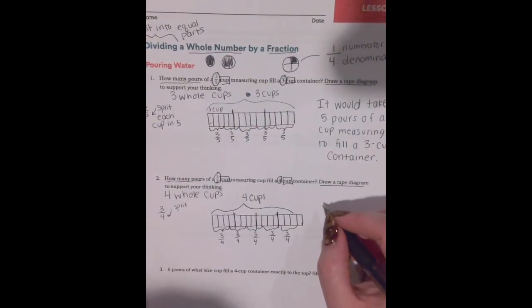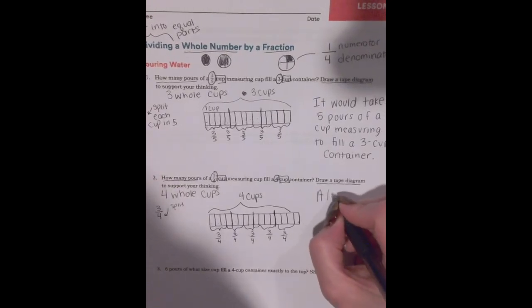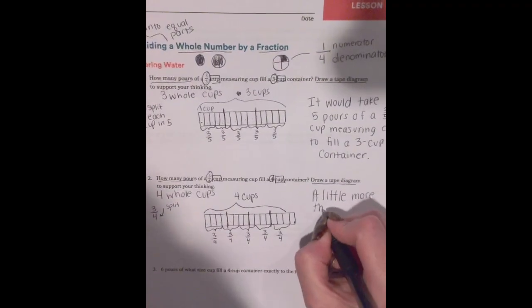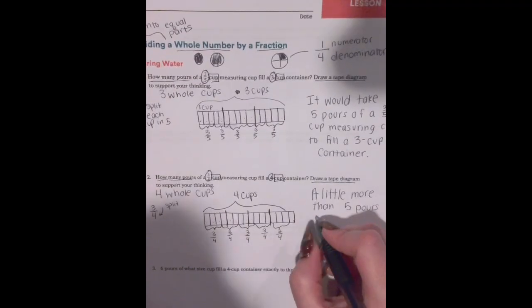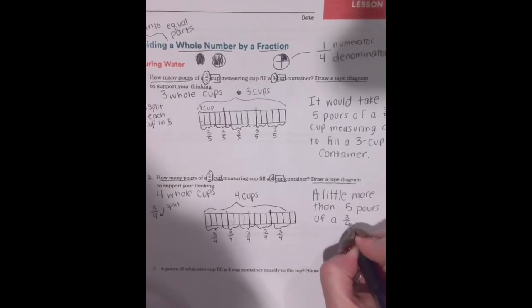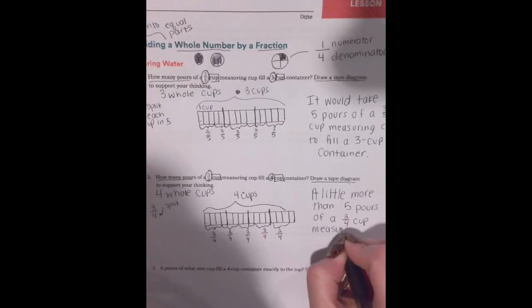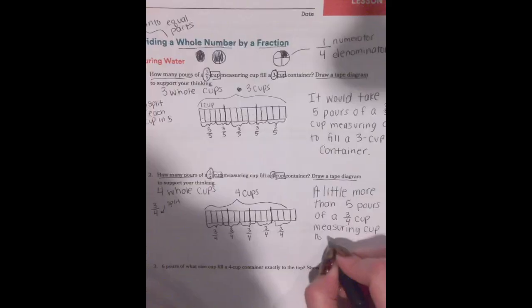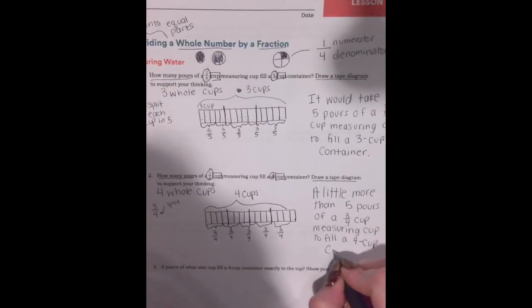So we're going to say a little more than 5 pours of a 3/4 cup measuring cup to fill a 4-cup container.